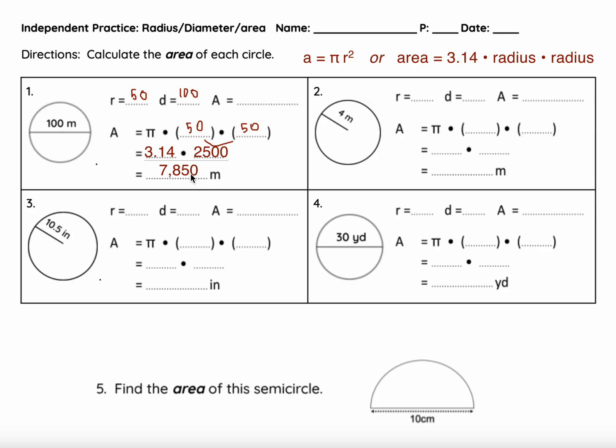And the units here say meters, but that's not actually correct, because remember, we're talking about the area, and area uses square units, so the area is actually 7,850 meters squared.